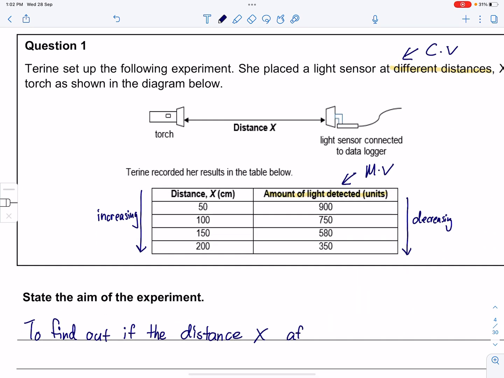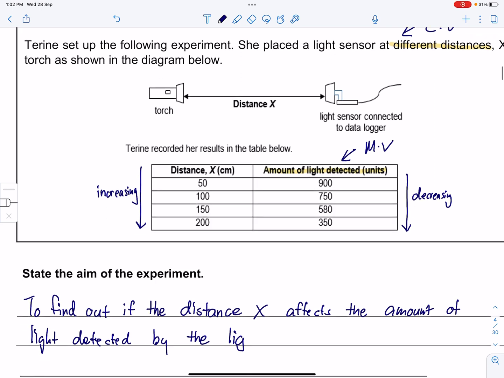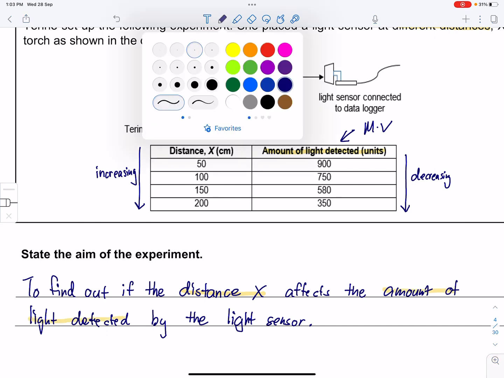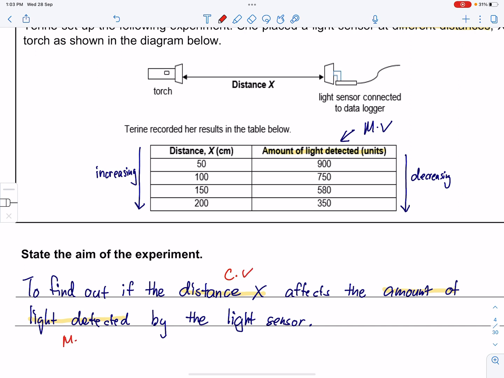Affects the amount of light detected by the light sensor. Okay, and over here we have our change variable and our measured variable. So this is what you need to do when you're asked to find out the aim.